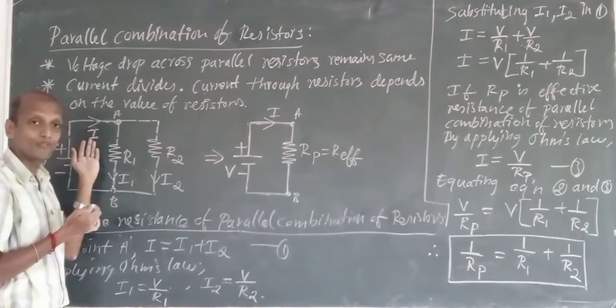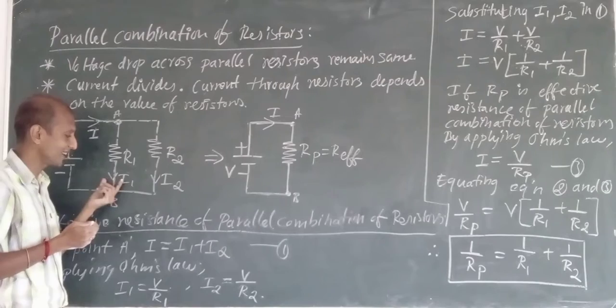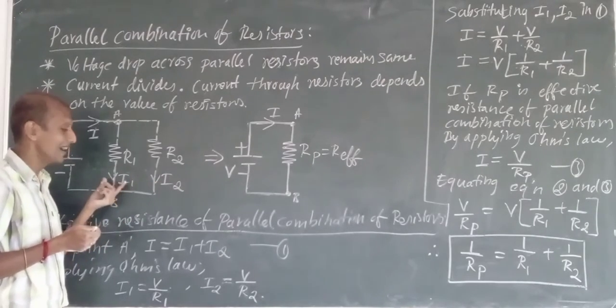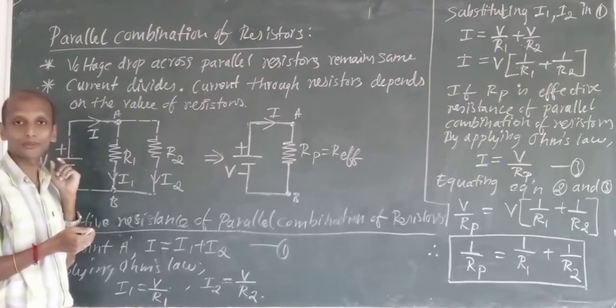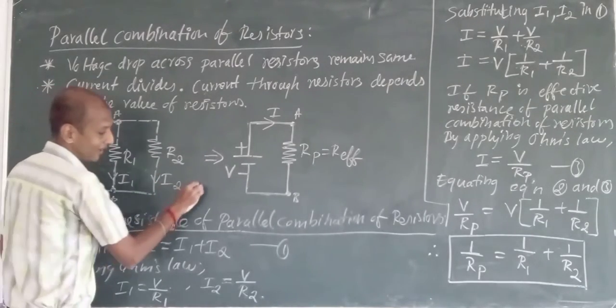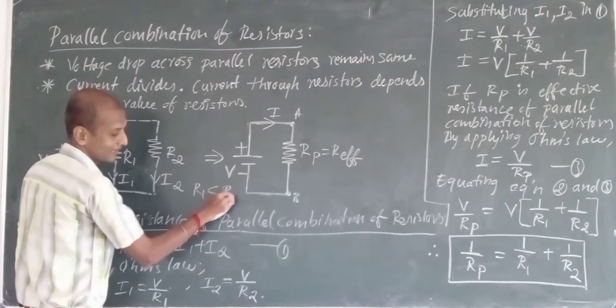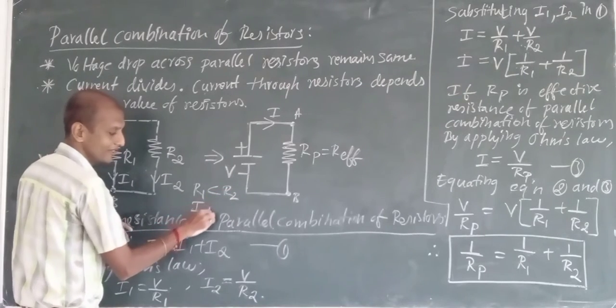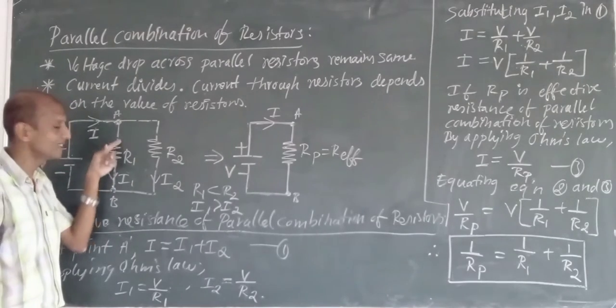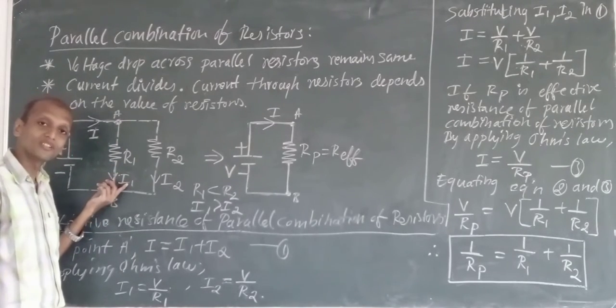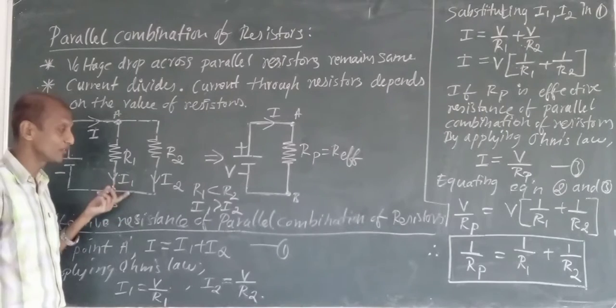So I will be divided into two currents, I1 and I2, wherein I1 will be greater than I2 when R1 is lesser than R2. Here we have less opposition, because of that I1 will be more.